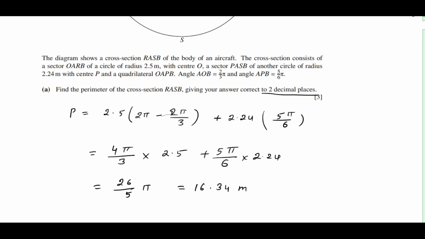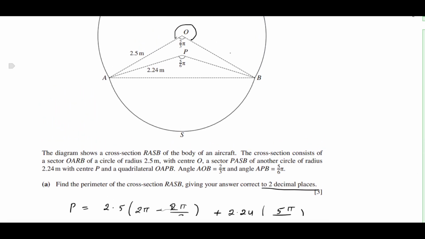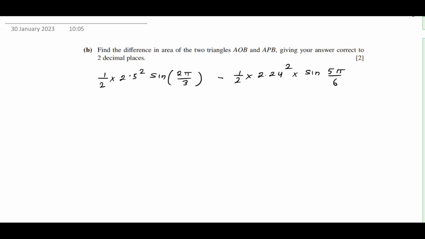Let us check once again. We have done it right: for OAB it is half into 2.5 square into sine 2 pi by 3, minus half into 2.24 square into sine 5 pi by 6. I think yes, this is what we have written.